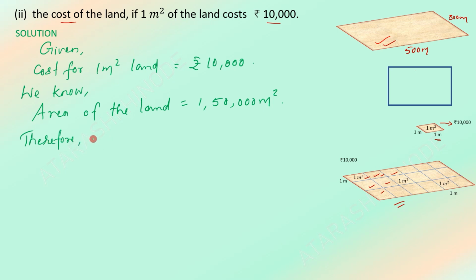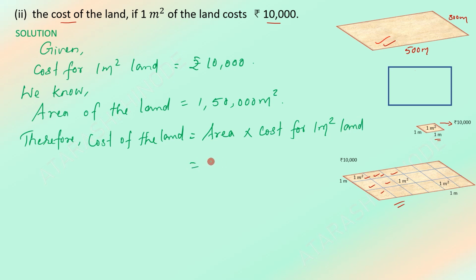Therefore, cost of the land equal to area of the land multiplied by cost for 1 meter square land.